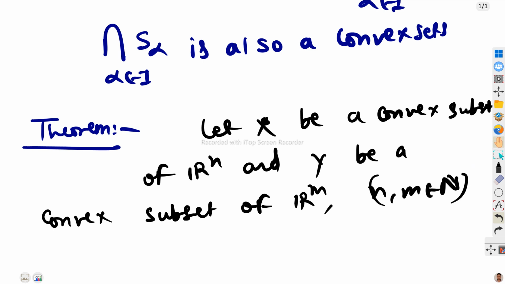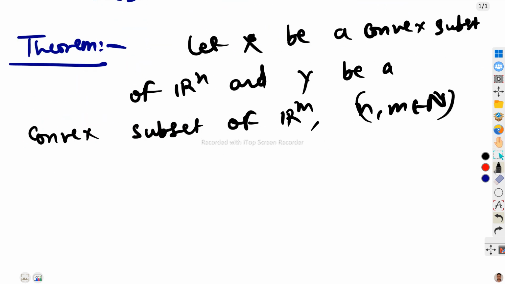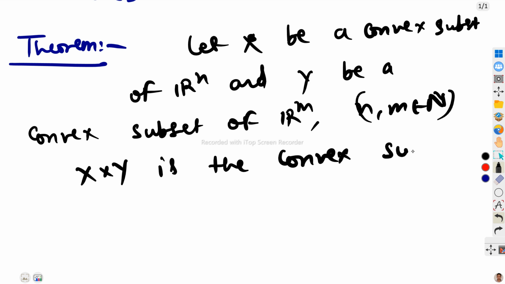Then X cross Y is a convex subset of Rn cross Rm.